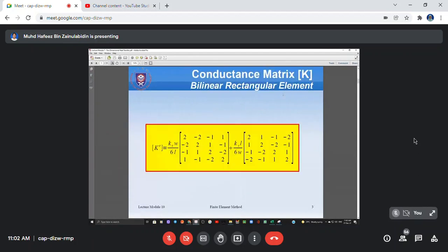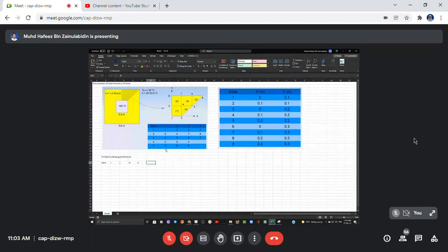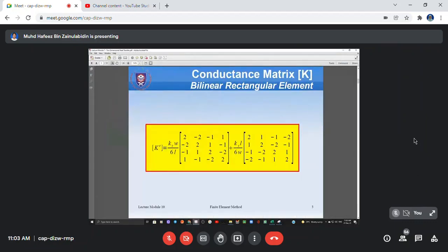Just go back to the formula. This is rectangular element. This is the formula. Okay, we need K. Kx and Ky have the same value in this case. So we only need to write K, W, L. Okay, and then the formula: KW over 6L.